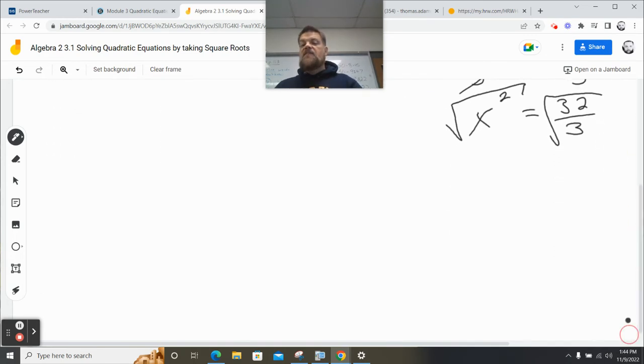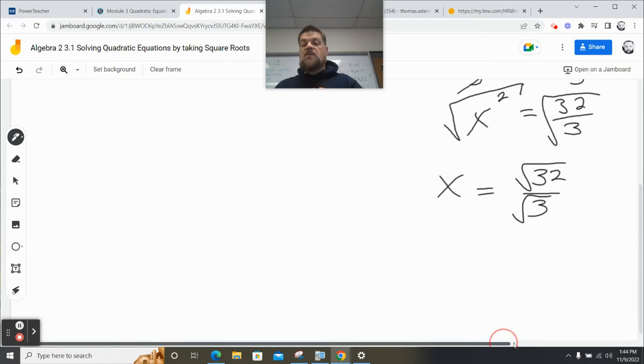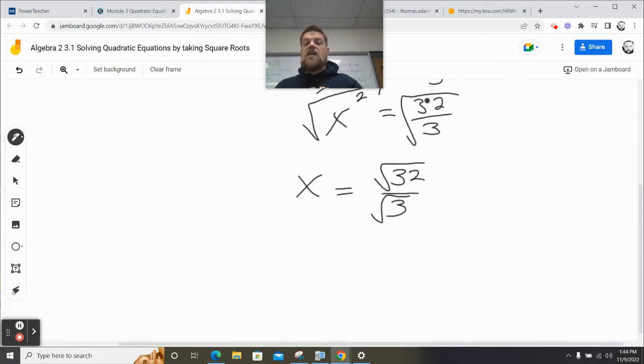Now, the properties of exponents, this becomes x, but then that means I could rewrite this as the square root of 32 over the square root of 3. That's the property of exponents and radicals. In other words, I'm going to take the square root of the numerator and the square root of the denominator, and that's the same thing. Now, 4 times 8 equals 32, so I'm going to rewrite this.